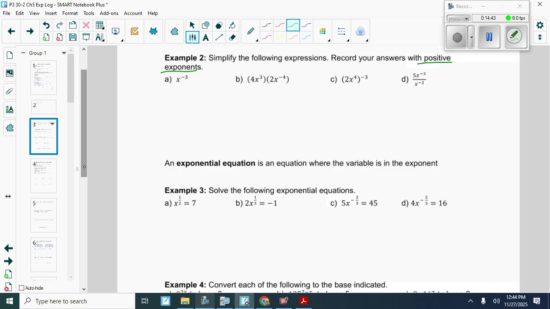Okay, so right now x is on top, so we're going to put x on the bottom. Okay, and the exponent goes with the x, but now it's positive. That's just the definition. That's what a negative exponent does.